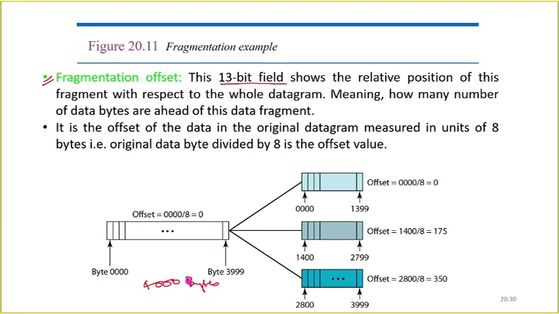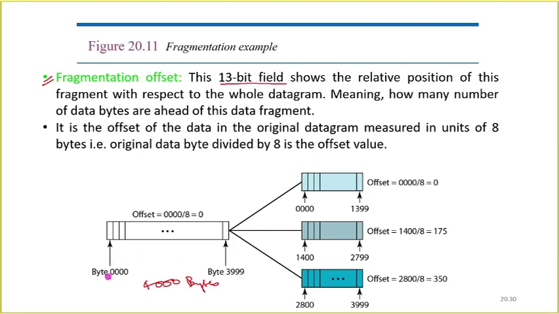The starting byte will be 0 and the last byte will be 3999. In that case, what will the offset be?